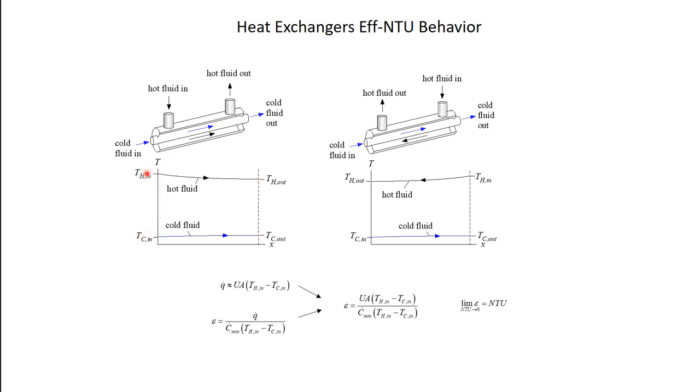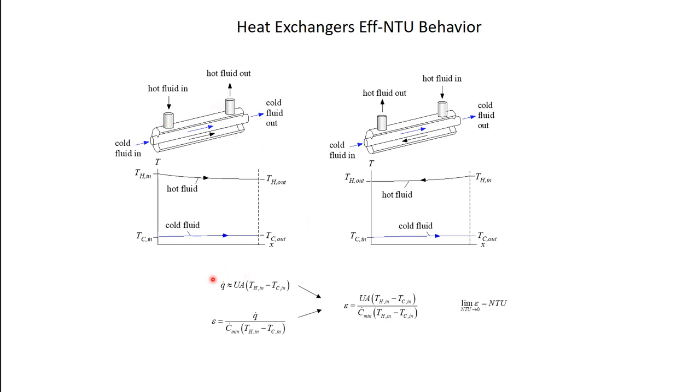If I switch the configuration 180 degrees, so now the cold fluid comes in on the left and the hot fluid comes in on the right in a counterflow situation, it doesn't really matter, because again, the hot fluid doesn't change even though it's flowing in the opposite direction. Its temperature doesn't change much, and the cold fluid temperature doesn't change much. So you basically have the same temperature difference existing inside the entire heat exchanger, right?